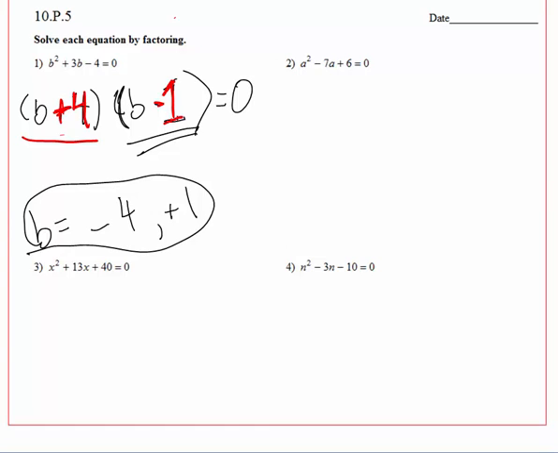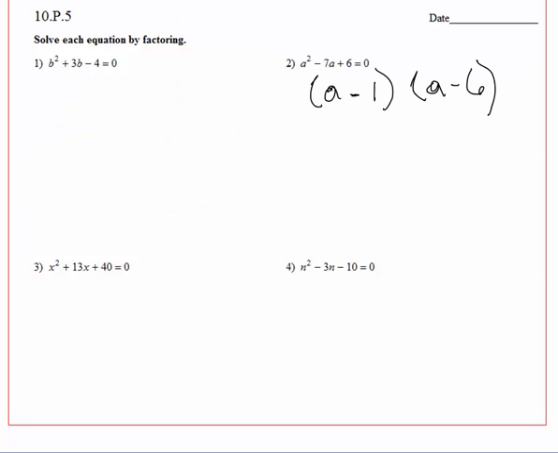Let's try it for the other three problems we see here. I'm not going to go through factoring each one of them. I'm just going to factor them and then show how we can find what a, x, and n equal. A minus 1 times a minus 6, that's what number 2 will factor to. This all equals 0.